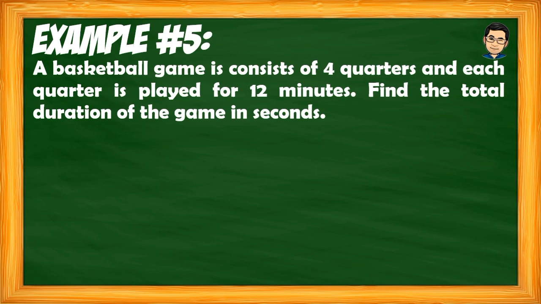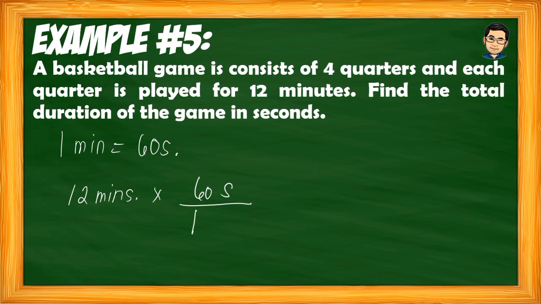Yung conversion factor natin dito, 1 minute is equal to 60 seconds. Ayan. So, sulat lang natin, 12 minutes times 60 seconds over 1 minute. And then, ang next na gagawin natin, i-multiply natin sa 4.